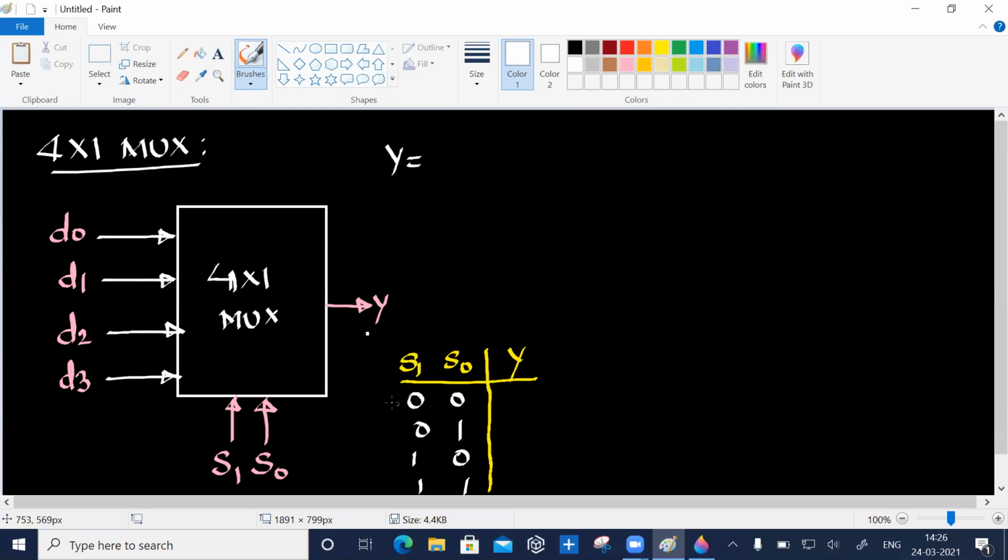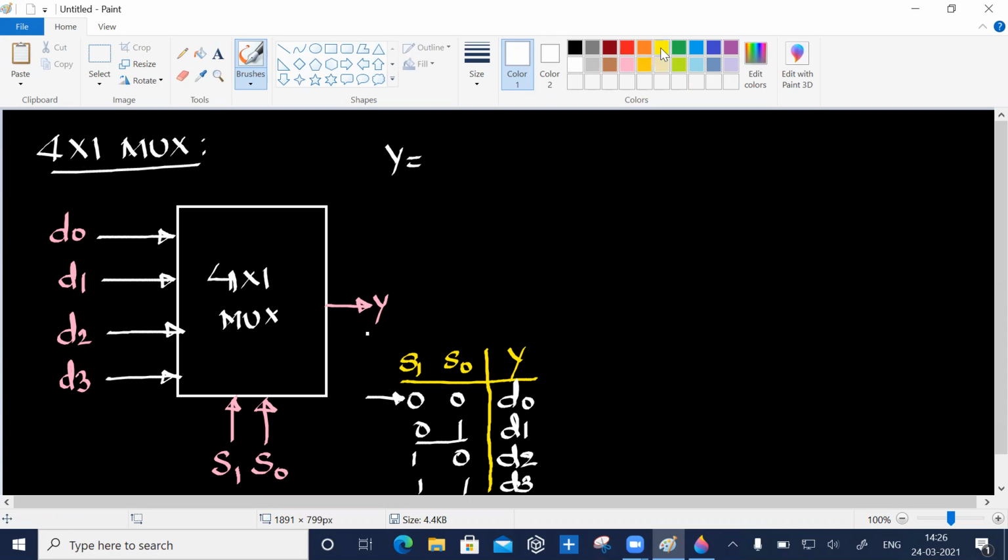If S1, S0 both are zeros, which of the inputs is given to the output? D naught, very good, that's it. So D naught will be given to the output. If I go for 0 1, D1 will be given to the output. If I go to 1 0, D2 input will be connected to the output.